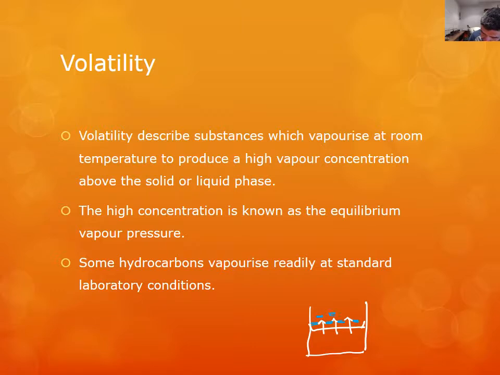Of course, if it all escapes, then it doesn't create very much vapor pressure. The higher concentration of gases in this region is known as the equilibrium vapor pressure, and it just means the pressure that the gas is applying at this interface between the gas and the liquid.